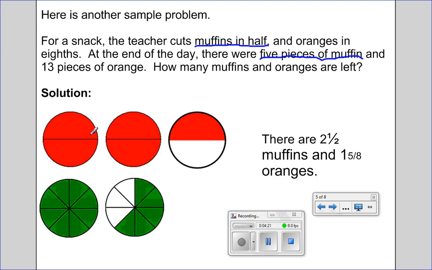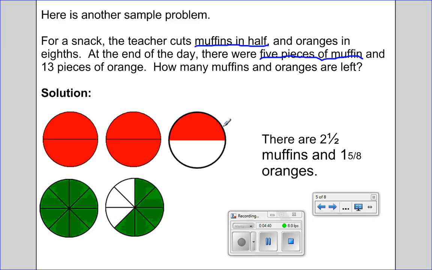I can color in 1 whole circle, a second whole circle. That will give me 2 wholes. But on the third circle, I'm only coloring 1/2 because I had 5 pieces. So look at the diagram. That gives me 2 1/2 muffins.